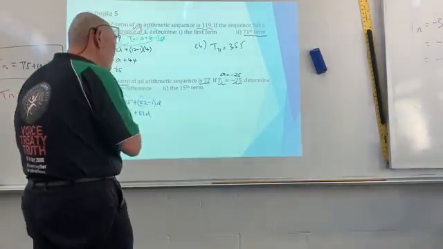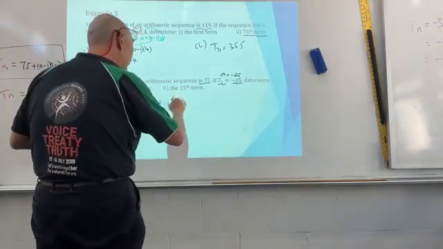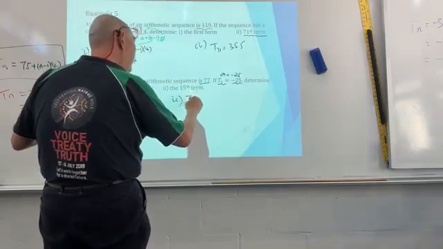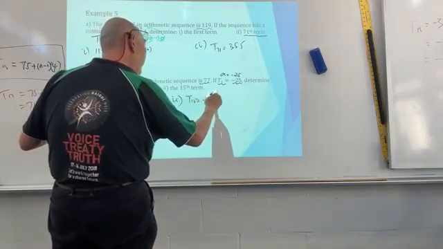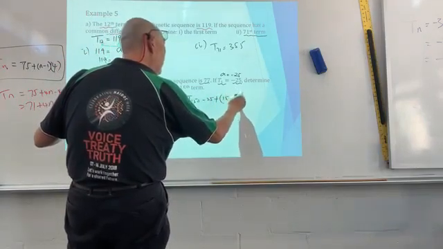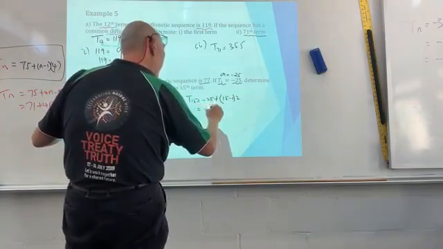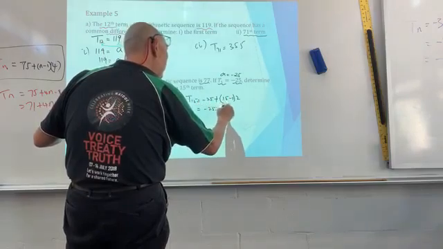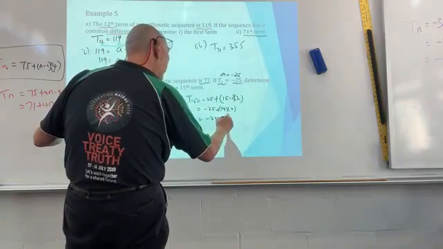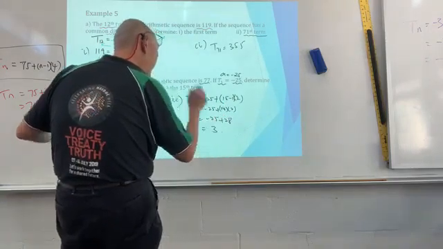Or if this is calculator free, you would know that T15 is equal to minus 25 plus 15 minus 1 times 2, which is minus 25 plus 14 times 2, which is minus 25 plus 28, which is 3. All right?